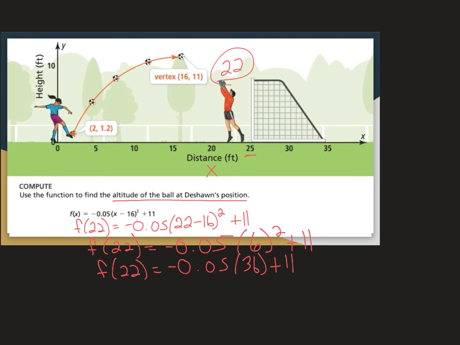Guys, of course, you know you can use a calculator for this because I can't do negative 0.05 times 36 in my head. So I'm going to use my calculator real quick. So that gives me negative 1.8 plus 11. So that gives me f of 22, oops, forgot my equal sign, equals 9.2.